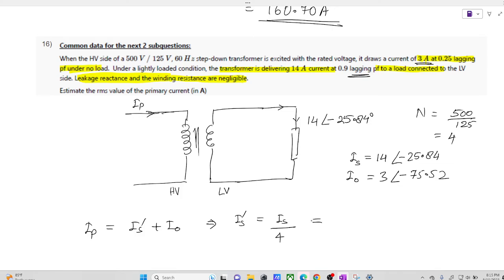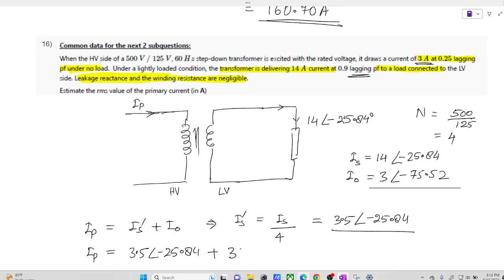That will be 3.5 at an angle of minus 25.84. So I naught is this, IS dash is this, so simply add these values vectorially. IS dash is 3.5 angle minus 25.84 plus I naught is 3 angle minus 75.52 degrees.